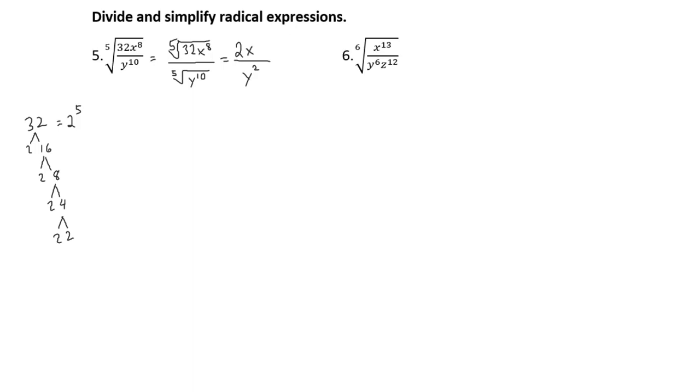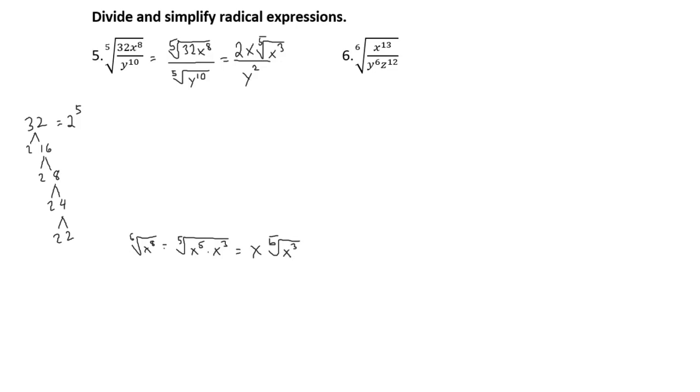So we have an x and the 5th root of x to the 3rd, because x to the 8th as a 5th root would be 5th root x to the 5th times x to the 3rd. So 5 divided by 5 is 1. That x comes out while the other 3 stay on the inside.